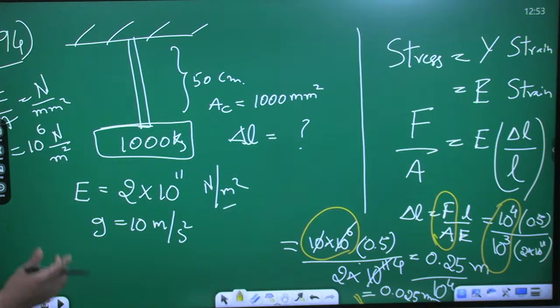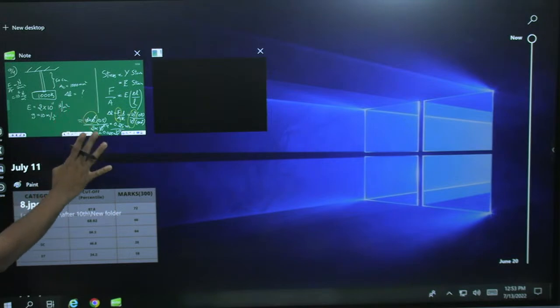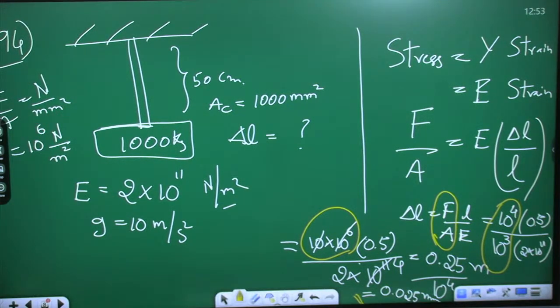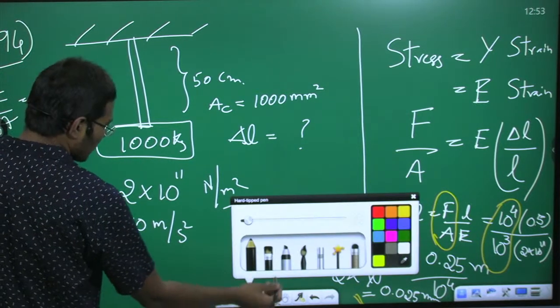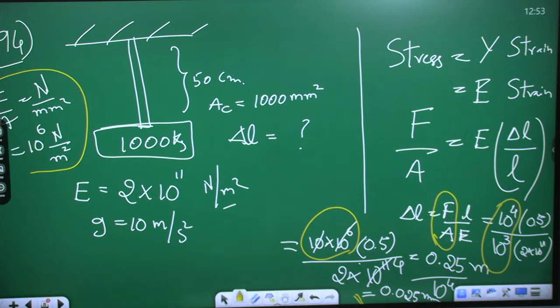So only those two things, if you are aware of this, you are done. If you are aware of this, you can easily solve this problem. Let's try to look at the other problem. I guess remaining problems are direct formula based. Let's try to look.